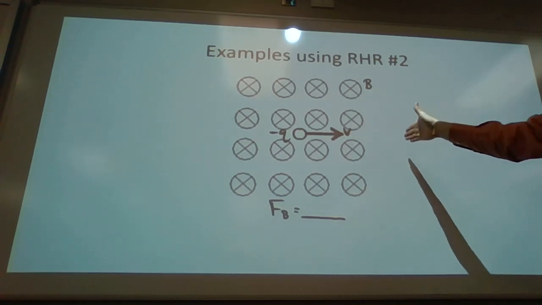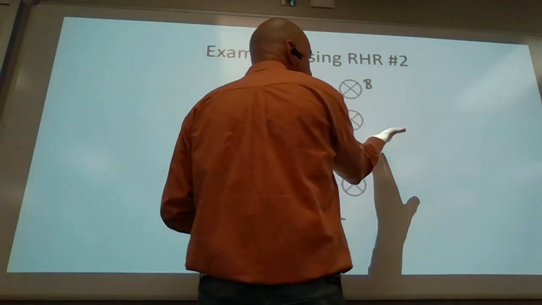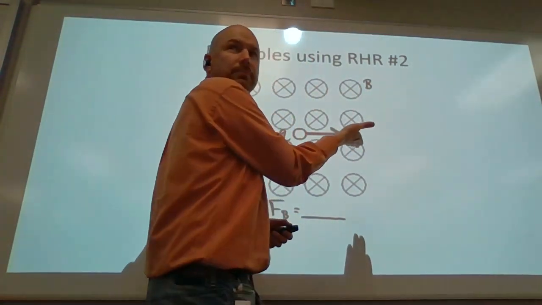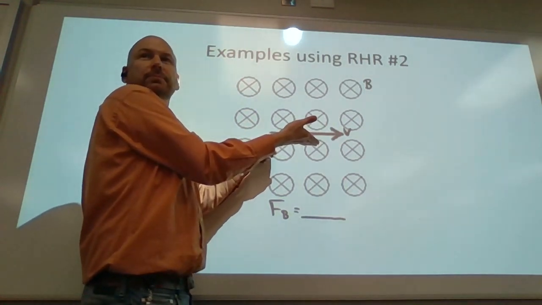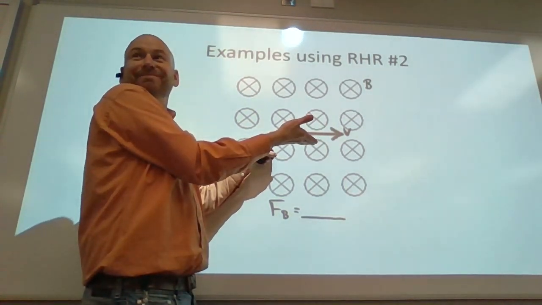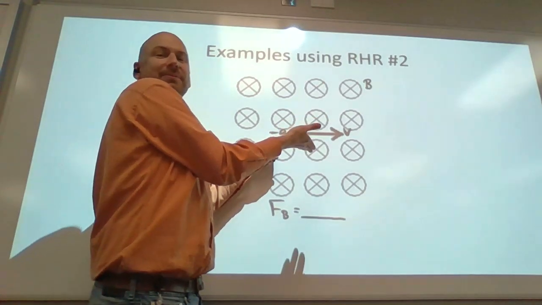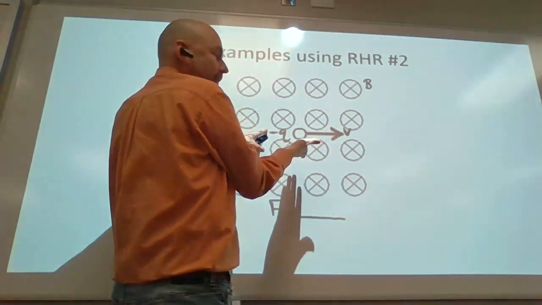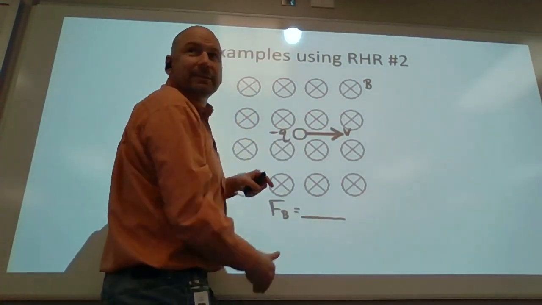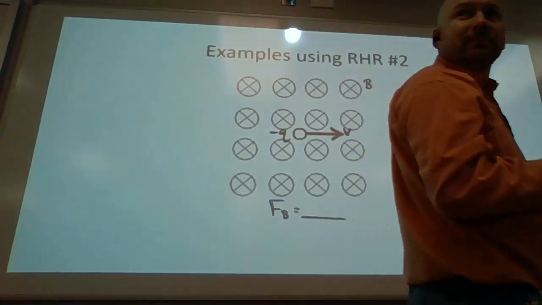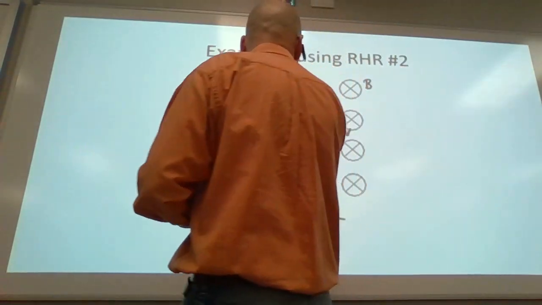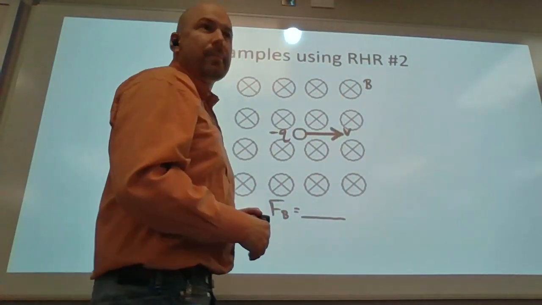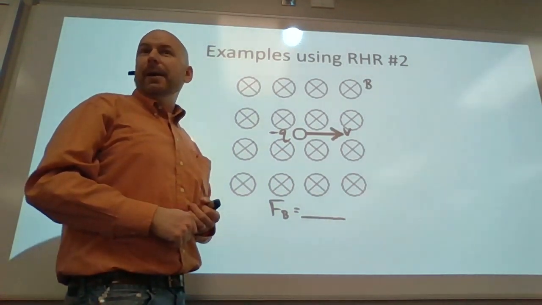Thumb goes to the right. So you keep your fingers going in and your thumb goes to the right. Okay. Watch this. Back of the hand is negatively charged. Down is the correct answer. If it was positively charged, your hand would still be held the same way and be forced up. Good with that?